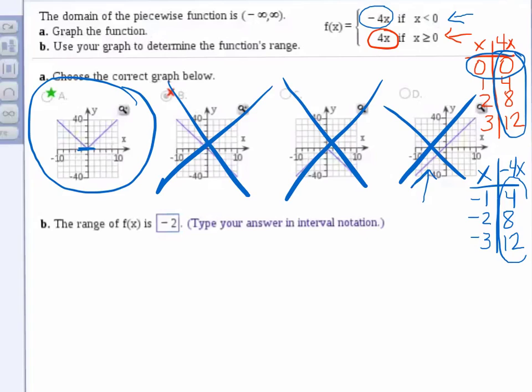If we look over here, we have 0, 0 as a point. So, our range is going to start at 0. And it goes up and up and up. It'll keep going up forever. The values of y will keep getting larger the bigger x's that we put in. So, it'll keep going on to positive infinity. And that's what our range will look like.